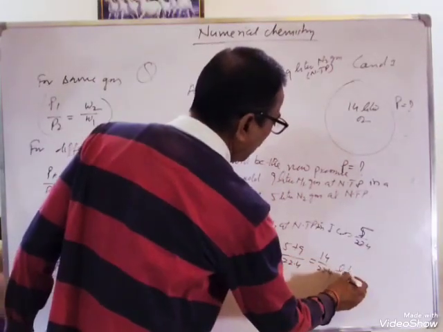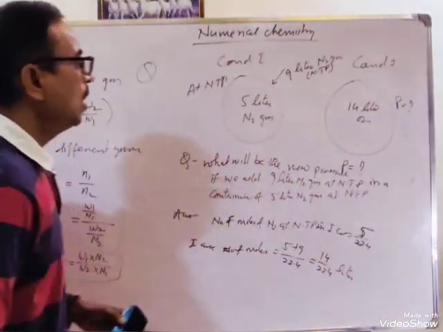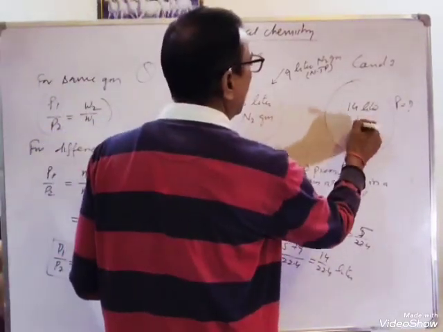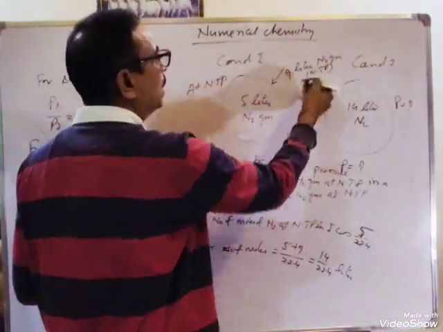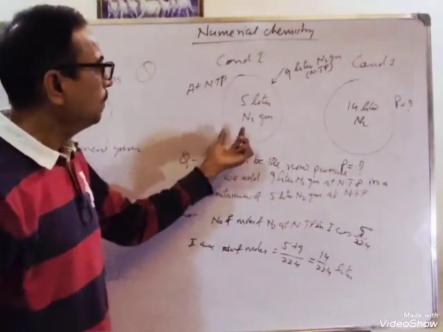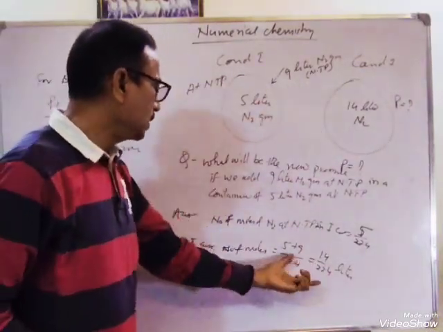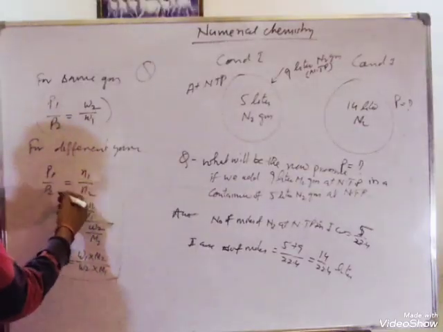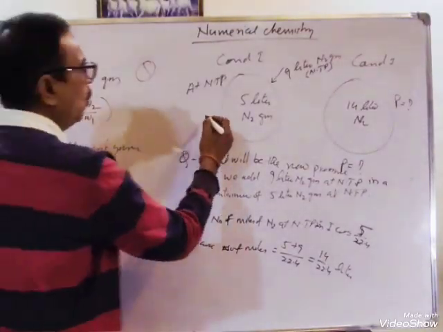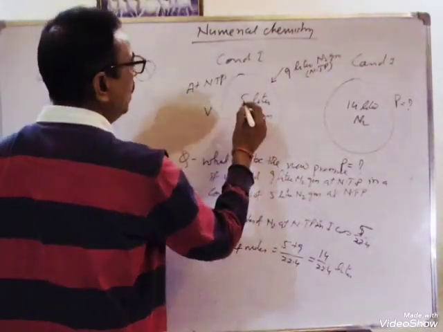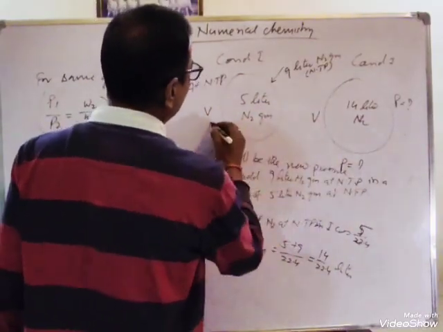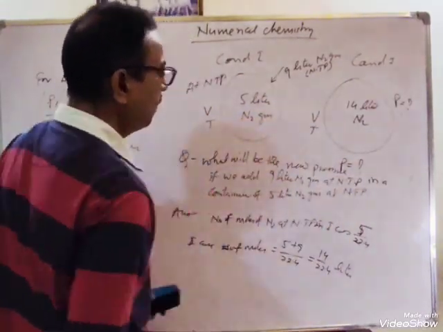This is the number of moles in the second case. The gas is the same, nitrogen is added to nitrogen, so the molecular weight is the same. So you apply this formula, P1 by P2 equals N1 by N2. Volume is the same, only pressure will change, temperature is the same.